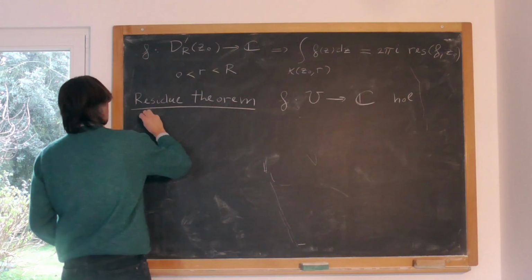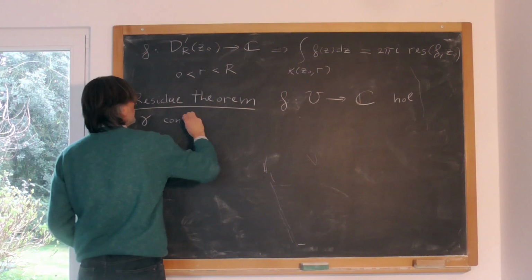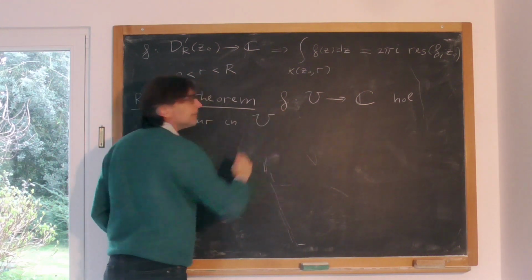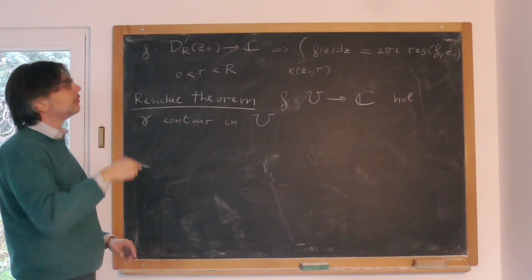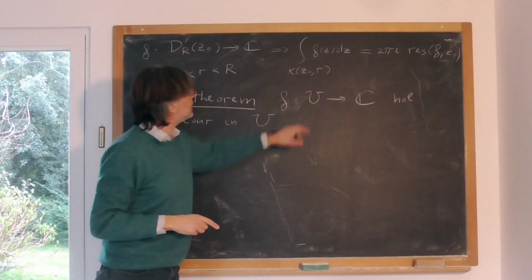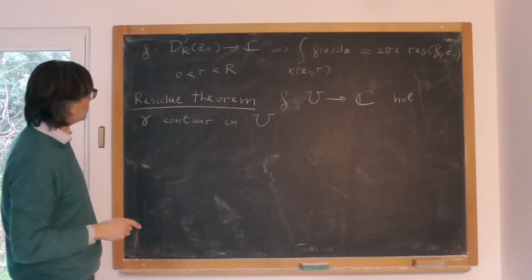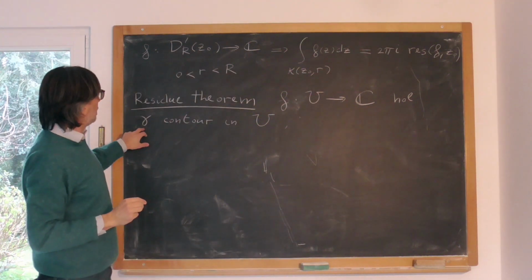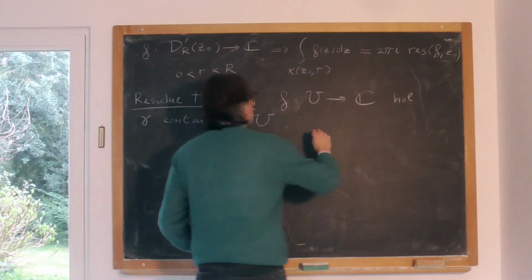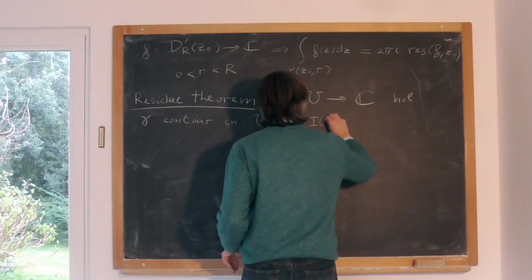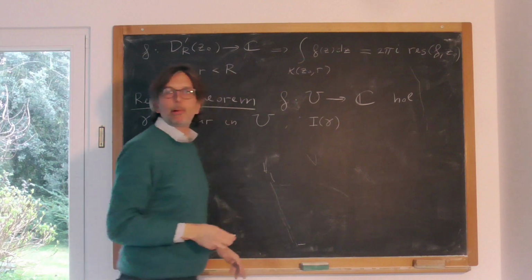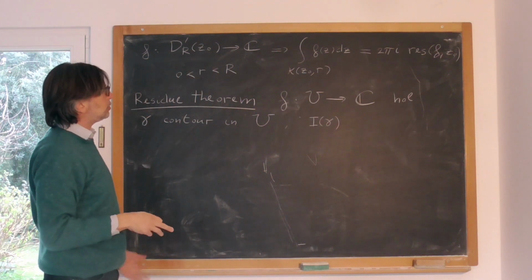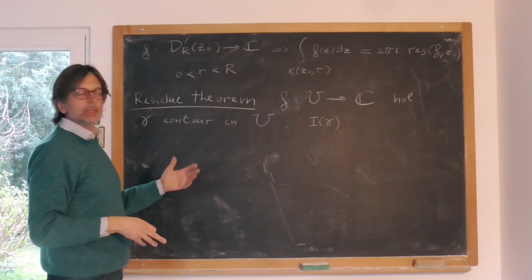Then we have gamma, a contour in U. Okay, so a simple closed curve, piecewise smooth, contained in U. And let's assume that the interior of gamma, we said this is a simple closed curve in the plane, so it bounds a bounded region.